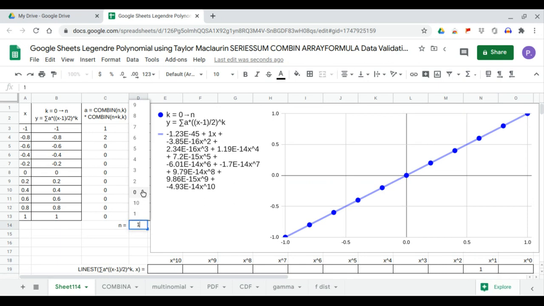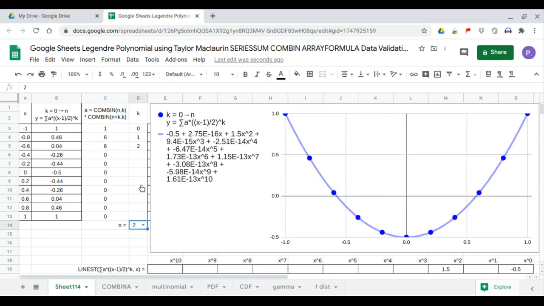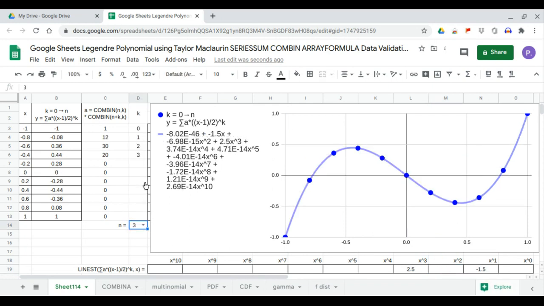At n equals 2, our Legendre polynomial y equals 0.5 plus 1.5 x squared. At n equals 3, our Legendre polynomial y equals negative 1.5x, which is this one, plus 2.5x cubed. The rest are 0.